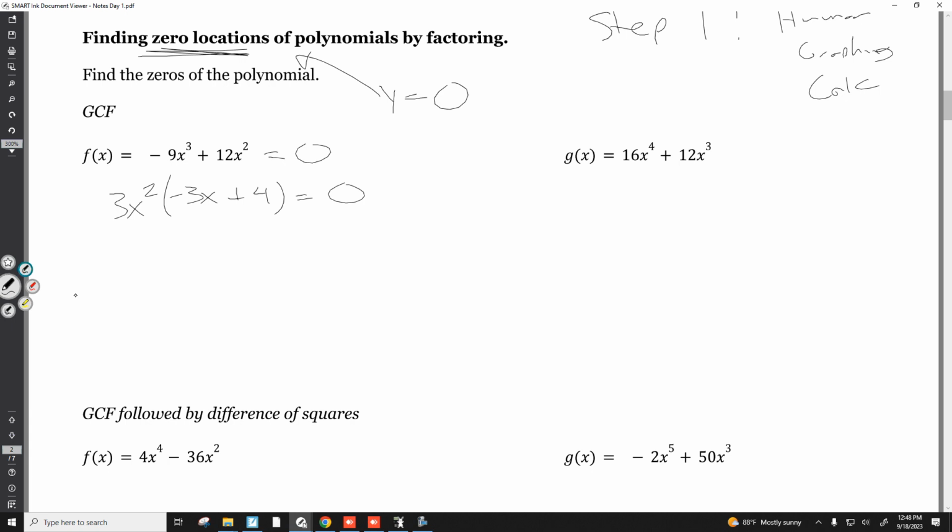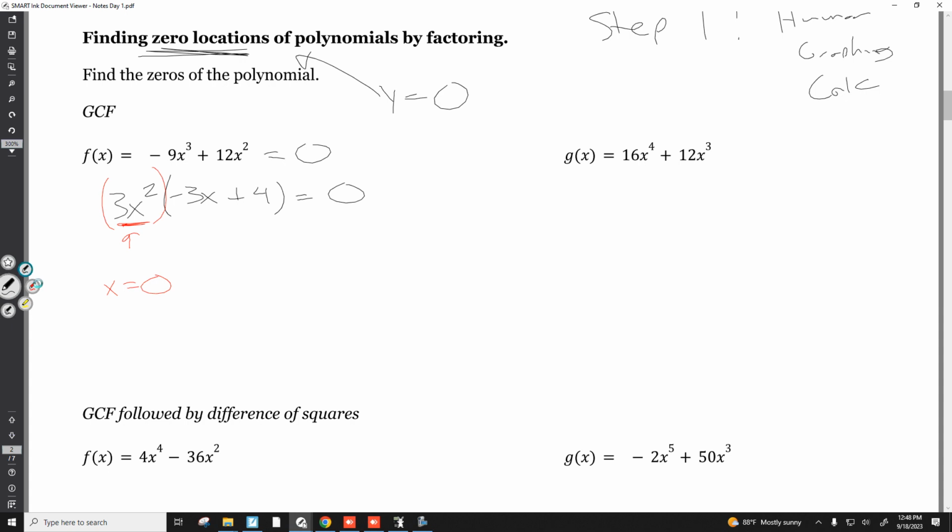Great. Since x is factored out, x could equal 0. Because we remember, with products equaling 0, as long as one piece of our product equals 0, everything's equal to 0.